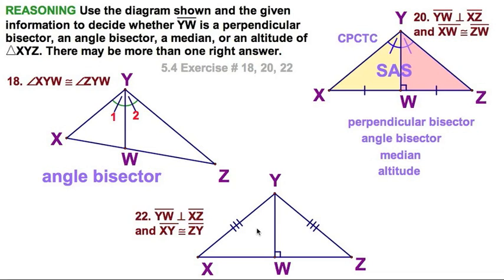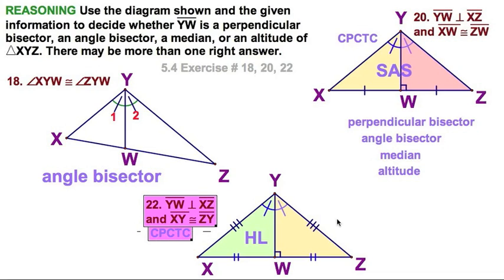I've got these givens here. You know, same thing. HL. I've got 2 congruent triangles by HL now. When I do corresponding parts of congruent triangles, put my little CPCTC over there, I'll make these angles congruent and also these sides. And right away, that's going to give me the perpendicular bisector.